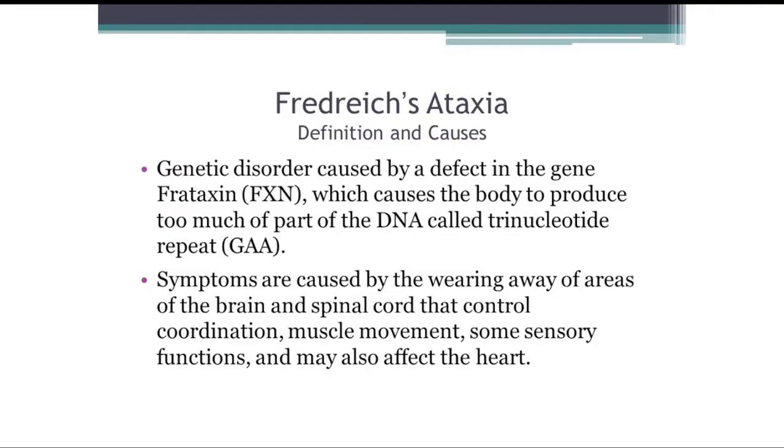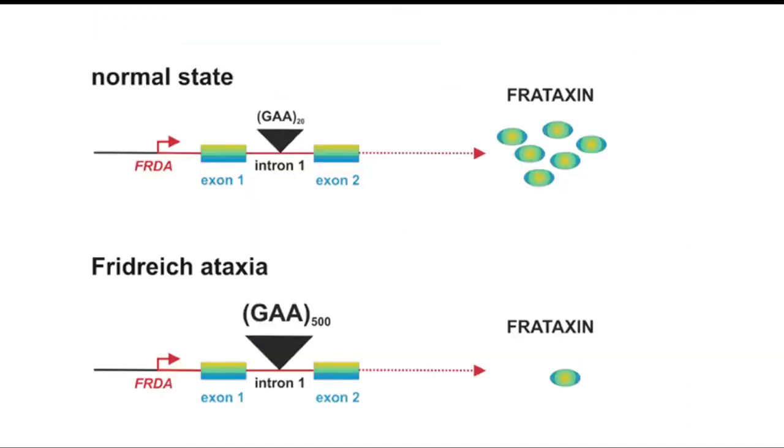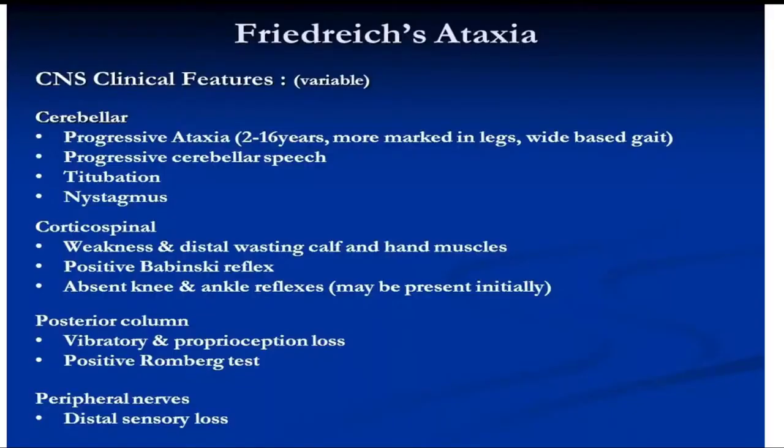The affection of brain and spinal cord happens, and the heart is also affected. So the reason of this disease is the increasing number of GAA repeats in the intron of the frataxin gene. So the amount of this protein decreases.